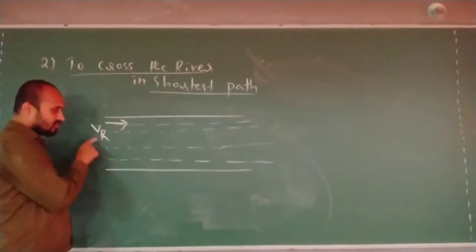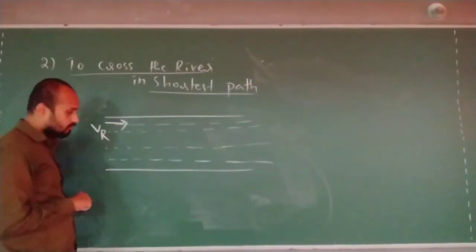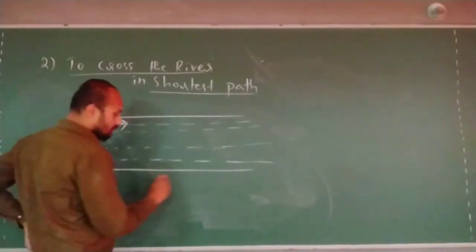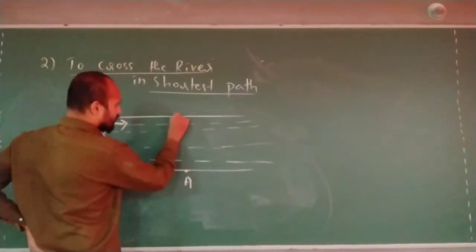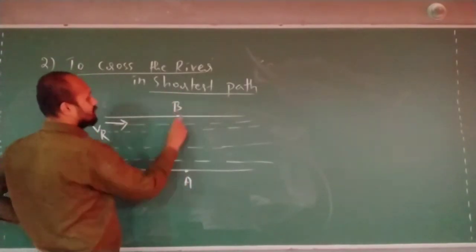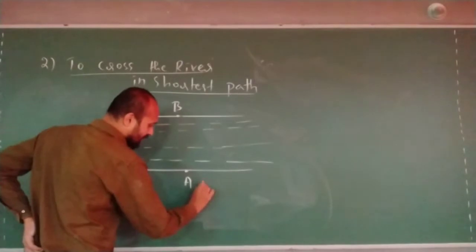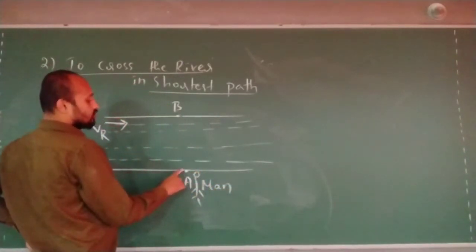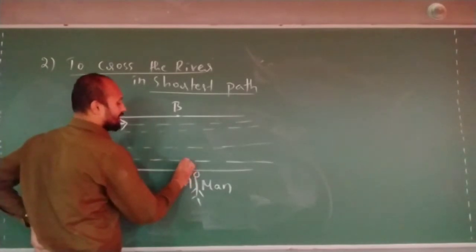See, this velocity VR is with respect to ground. Correct now? Later I will tell. Let's say one point A to point B. This is a straight vertical line. Shortest path means if a man is standing here, to cross the river, this is the path he has to follow.